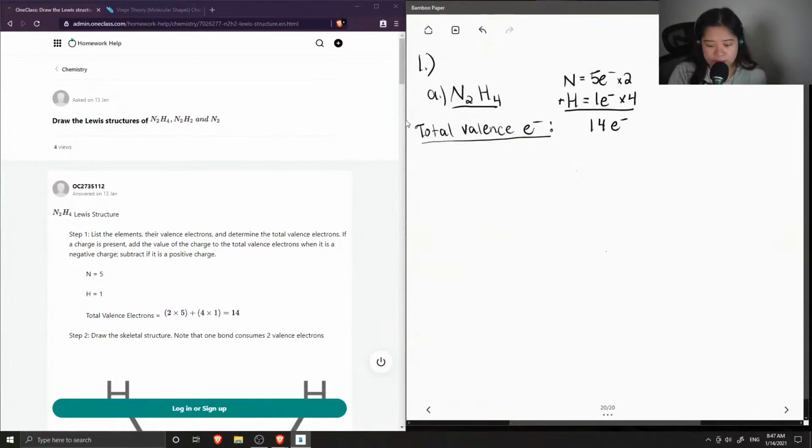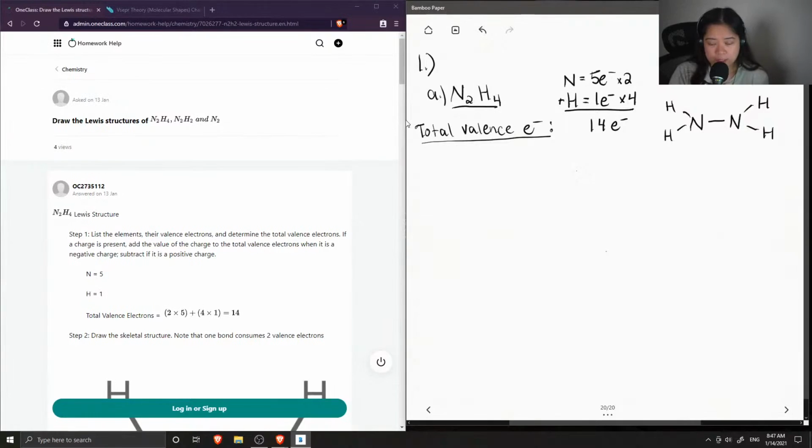So now let's try to write out the Lewis structure over here on the right. We'll have our 2 central atoms be the nitrogen, and then I'll just draw single bonds to each of the hydrogens. Okay, so at this point I like to count out how many electrons I've drawn so far.